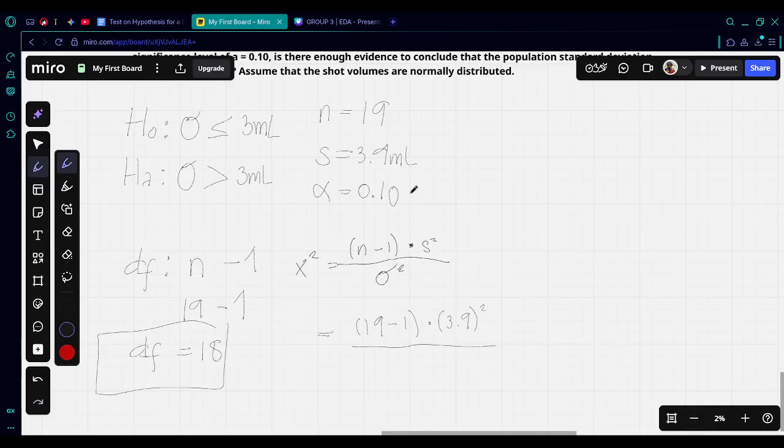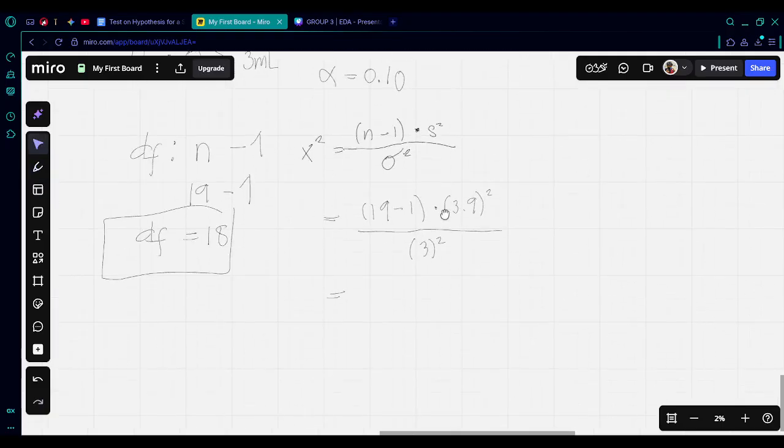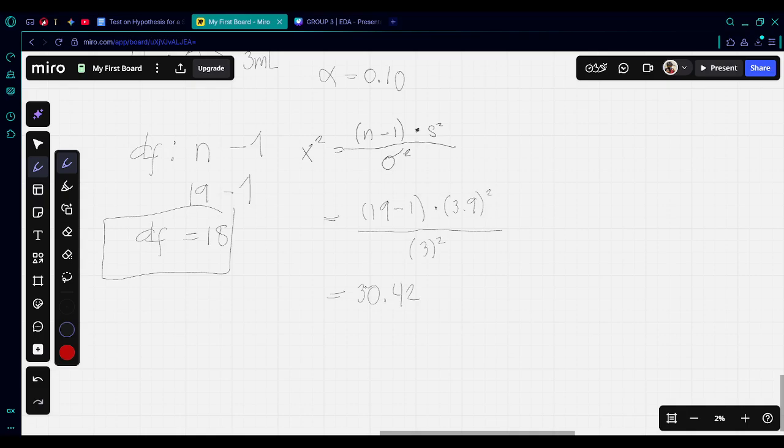It was stated in the problem that the standard deviation is greater than 3 ml, so let's put 3 here, and this is 3 squared. After solving this in your calculator, the result is 30.42. We will use this later to determine if we fail to reject or reject the null hypothesis.